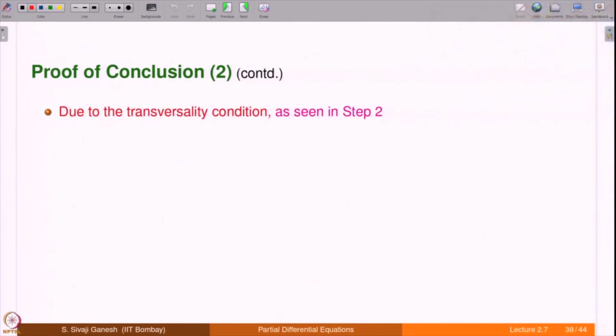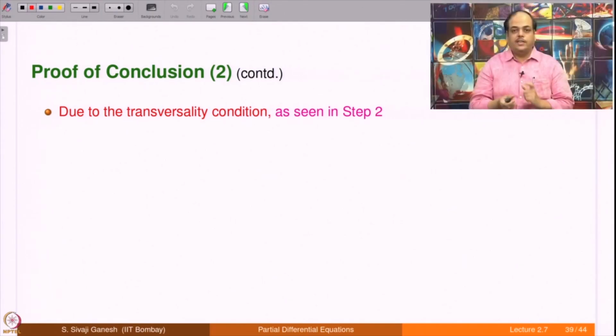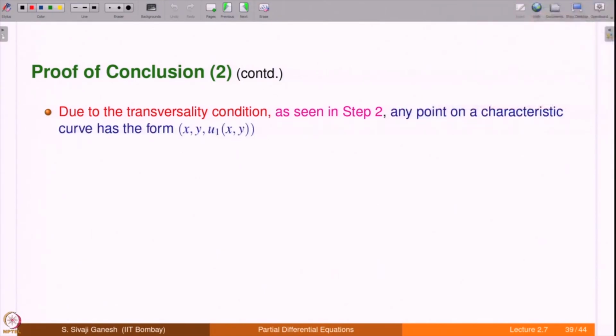Due to transversality condition, that's why step 2 is very important. Step 2: the maps phi and psi are inverses of each other, that is very important. Due to the transversality condition, any point on a characteristic curve has the form (x, y, u1(x,y)) and also (x, y, u2(x,y)) whenever you are in this common area F intersection d1 intersection d2.